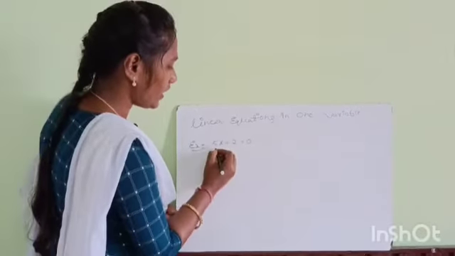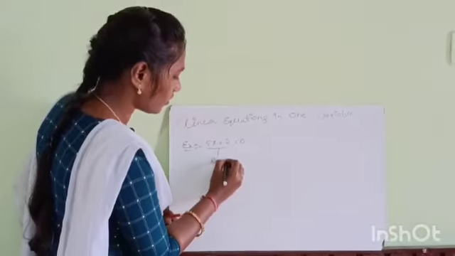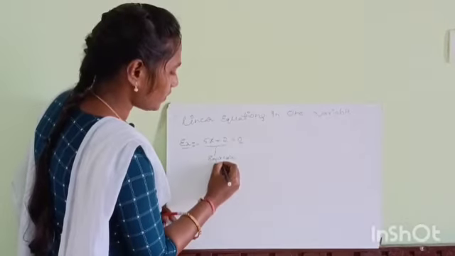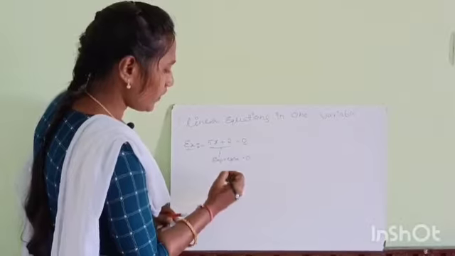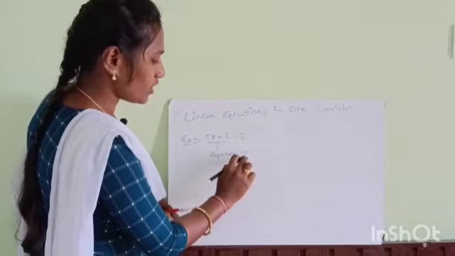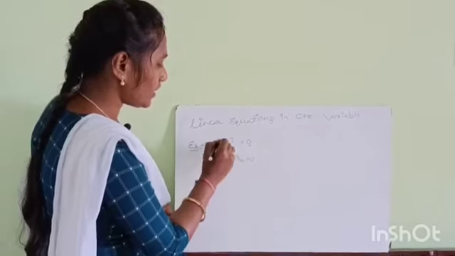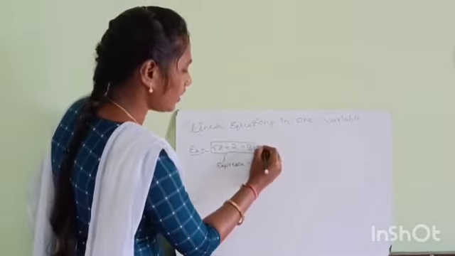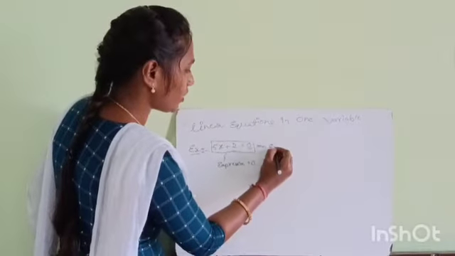Because we are equating this expression to 0. When we equate it to 0 on the right hand side, only then can we call this expression an equation.